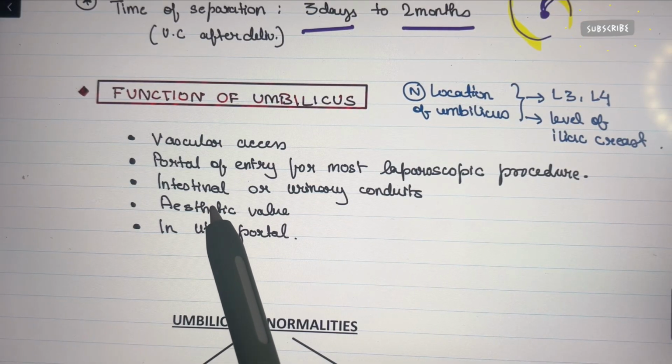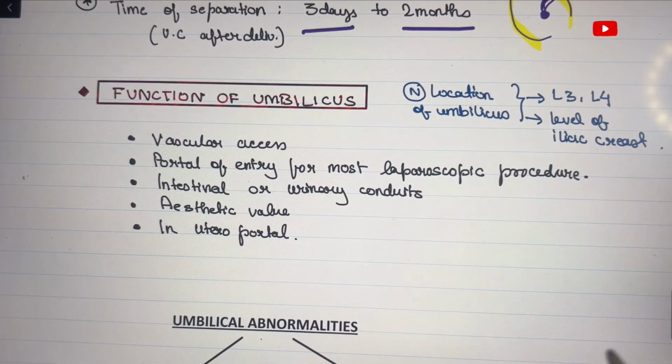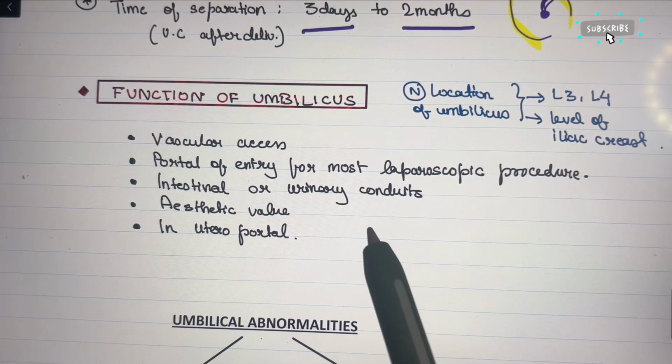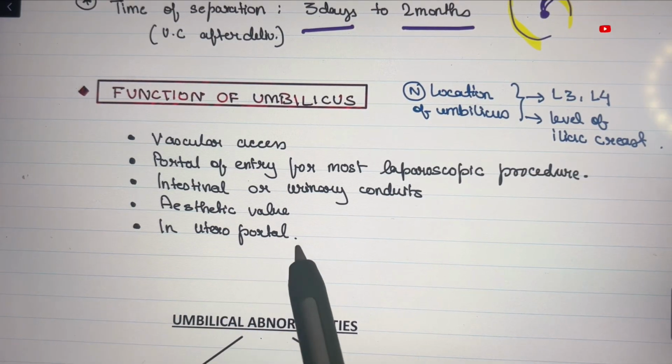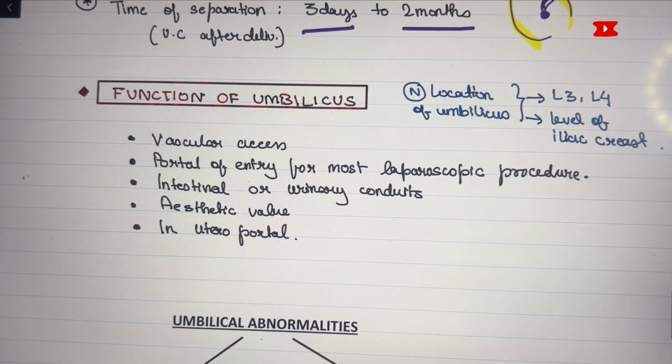Then it can be a conduit for intestinal and urinary diversion, because cosmetically it is superior when it is closed. So either an intestinal stoma or a urinary conduit may be created in the umbilicus. It has an aesthetic value.